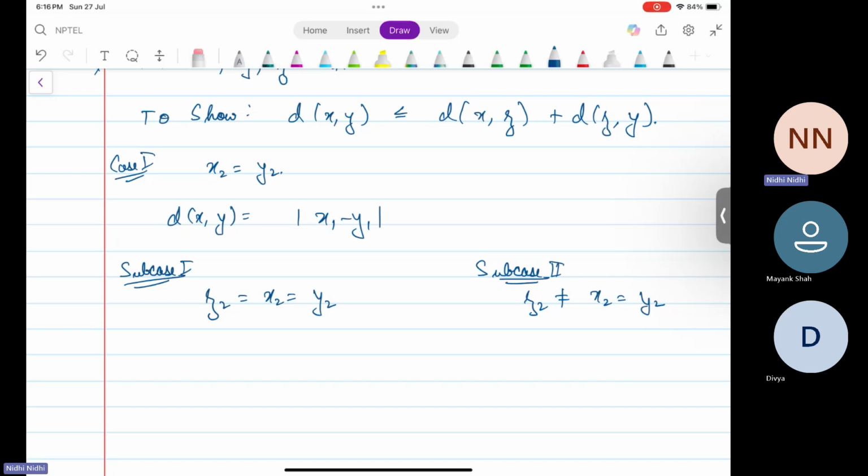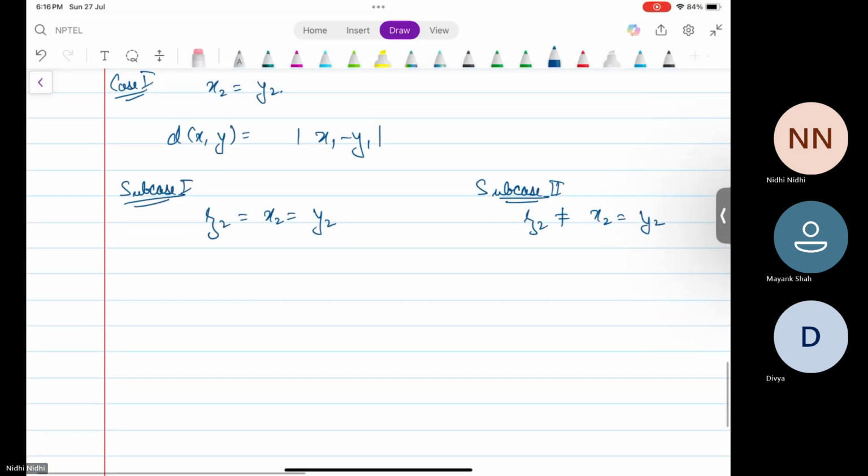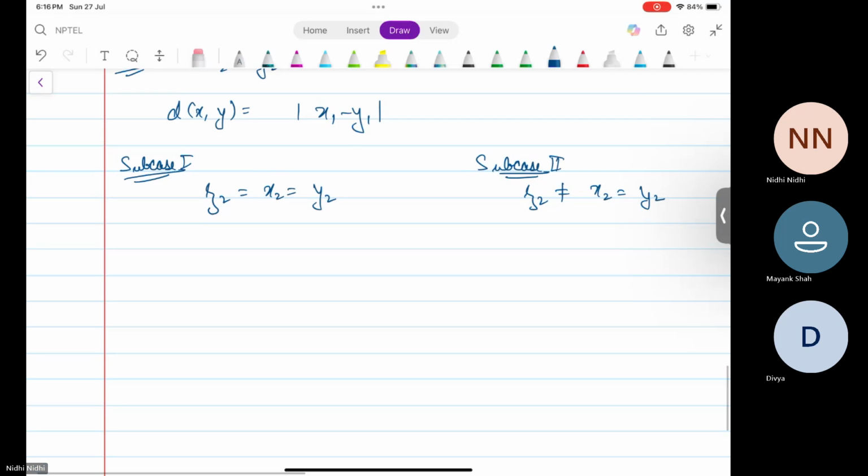So we have these two subcases. In this case, we have dxz. Since x2 is equal to z2, this will be equal to mod x1 minus z1, and dzy will be mod y1 minus z1.